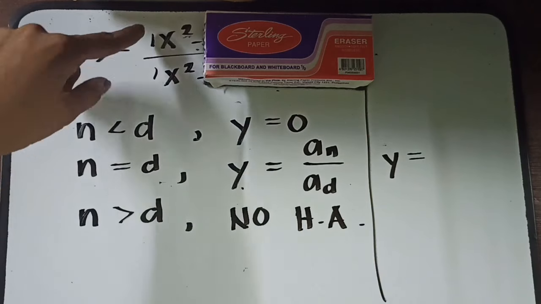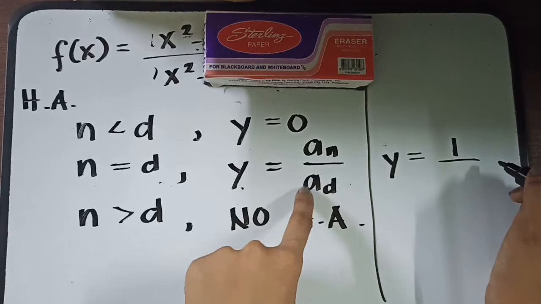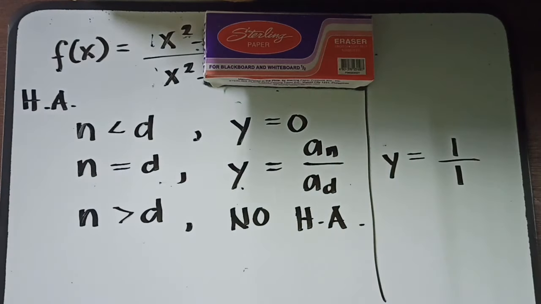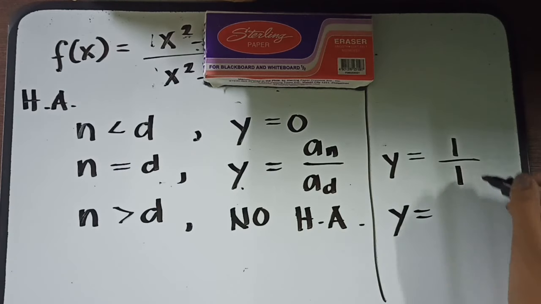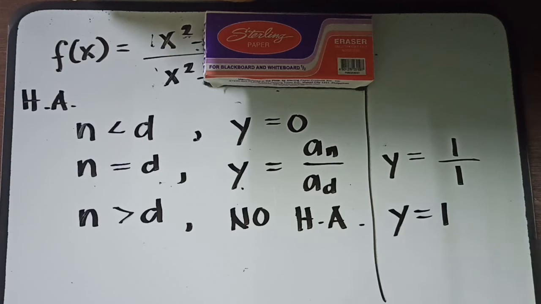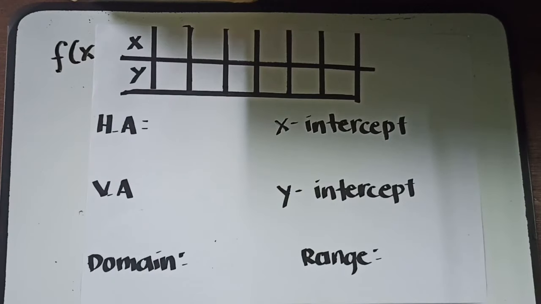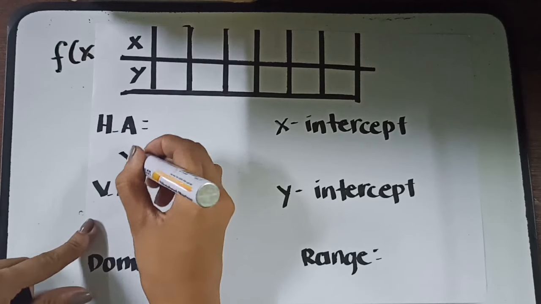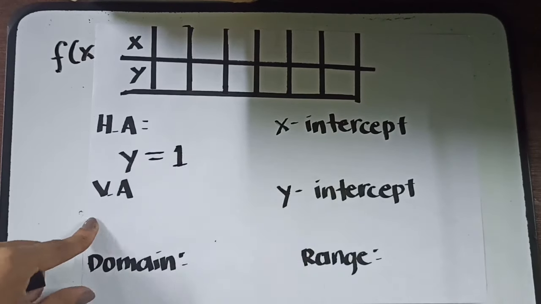So, the leading coefficient of the numerator is 1 over the leading coefficient of our denominator is 1. So, now, 1 divided by 1 is 1. So, this is our horizontal asymptote. Okay, so again, our horizontal asymptote is y is equal to 1.